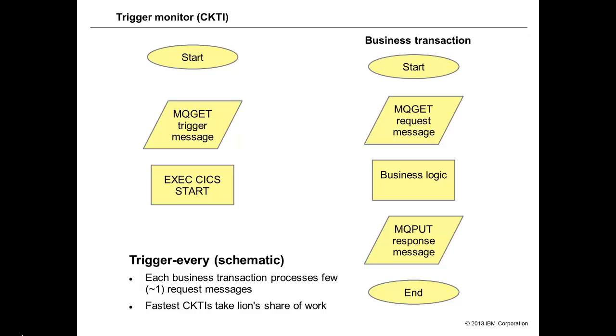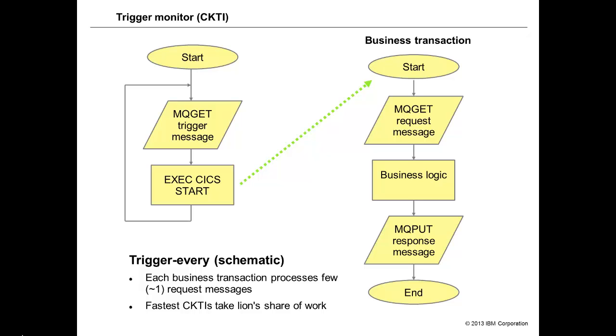The trigger monitor CTI actually listens on the queue, as I said before. It gets the trigger message, and then it issues a CICS start for the transaction that's associated with this trigger. This will start up the business transaction.